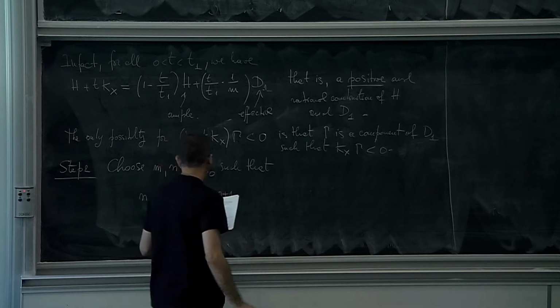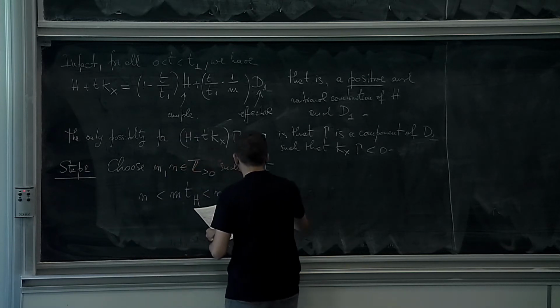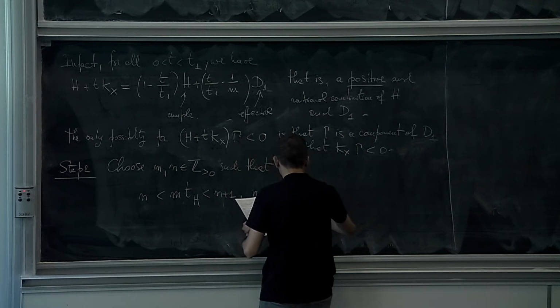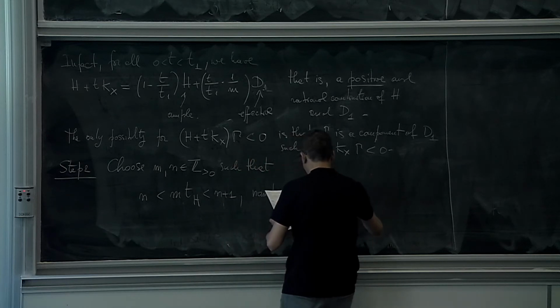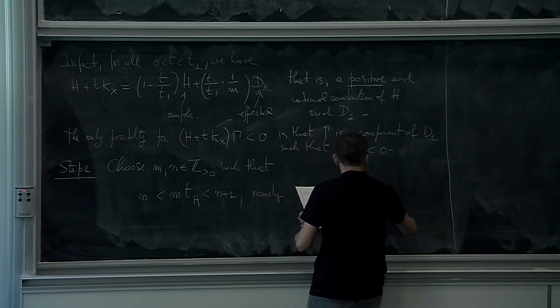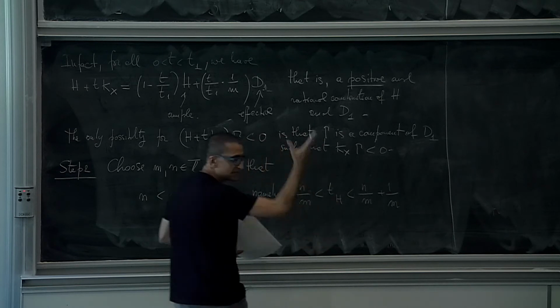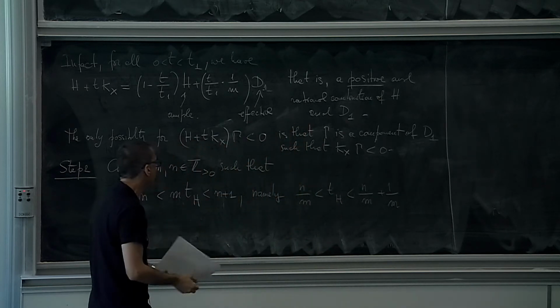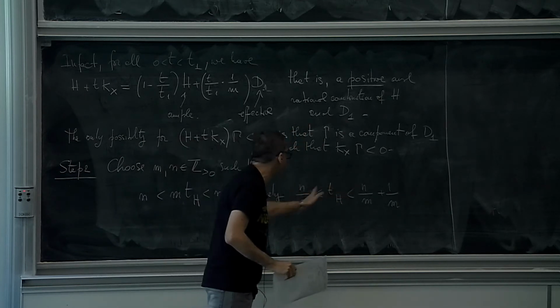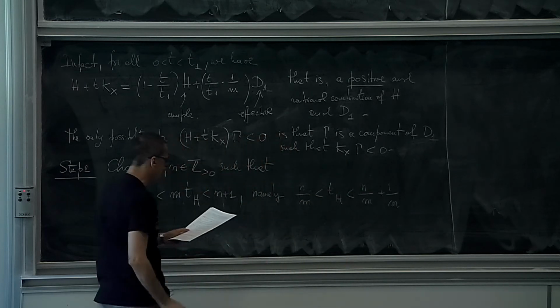You can do this, namely n/m < TH < n/m + 1/m. This is a positive real number. In step 0, I proved it is positive, so a positive real number. I can find two fractions such that we have this.